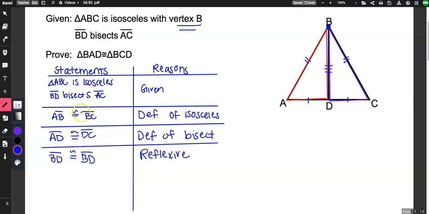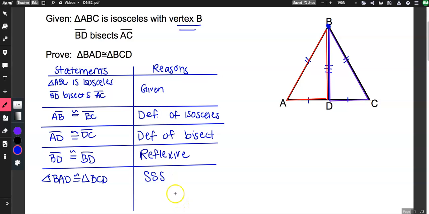Okay, you have to have the pieces actually in the proof. We can't just assume anything. So now I have 3 congruent sides. So I can say that triangle BAD is congruent to triangle BCD, and our reason is triangle congruency side, side, side, and you just have to write the abbreviation, as simple as that. Okay.